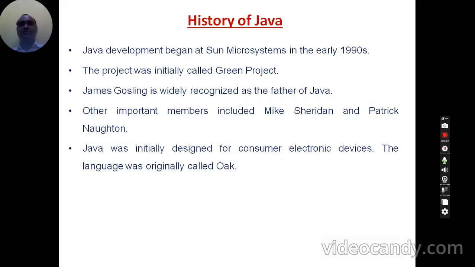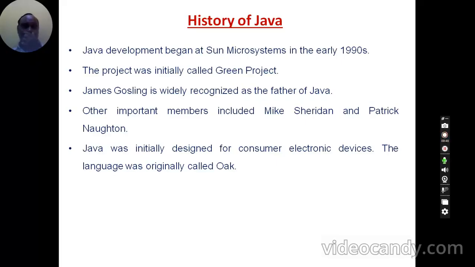Then Sun Microsystems immediately initiated a project, and that project was named the Green Project. As a part of this project, James Gosling, Patrick Naughton, Mike Sheridan and Chris Warth were deputed to the Green Project.